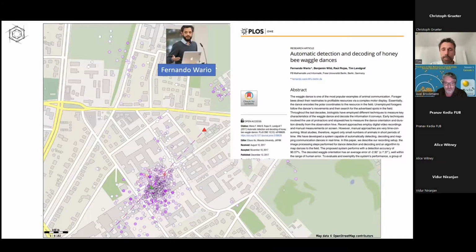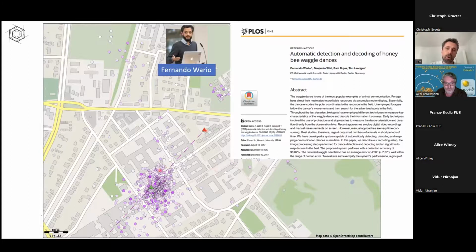As you can see, although the software is really precise, so it has a comparable precision to human annotations, we have a fairly large spread around this feeding site or this food source here, this green triangle. And this is the location of the hive.